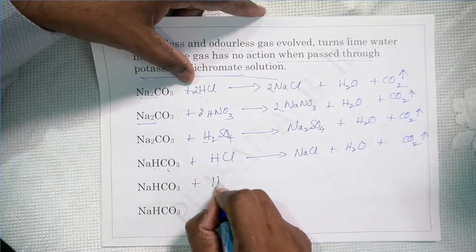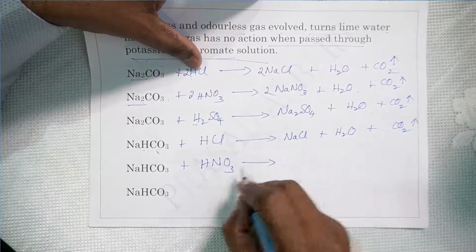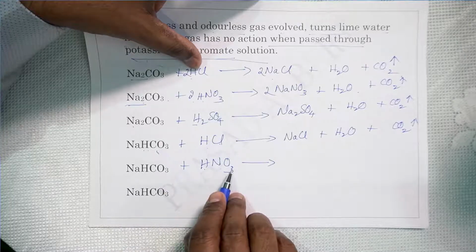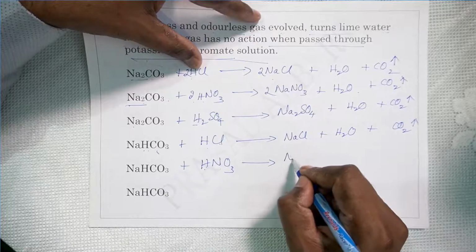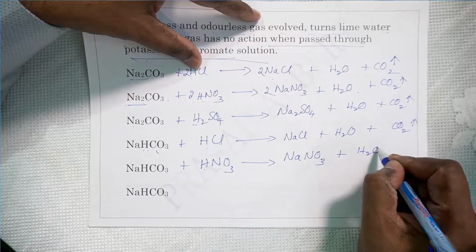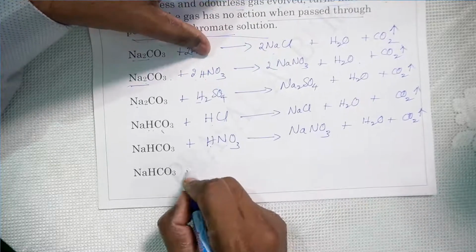Okay, now here we have HNO3. Same way, one hydrogen and one hydrogen here, and one NO3 minus and one Na. So NaNO3, sodium nitrate plus H2O plus CO2. Nothing to do, it is balanced, right?